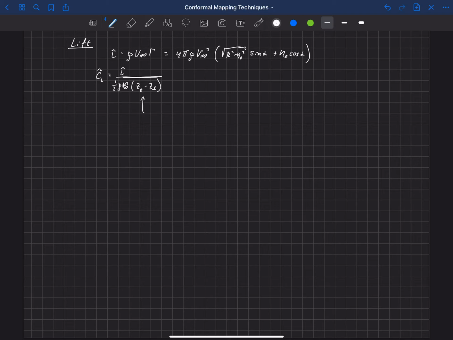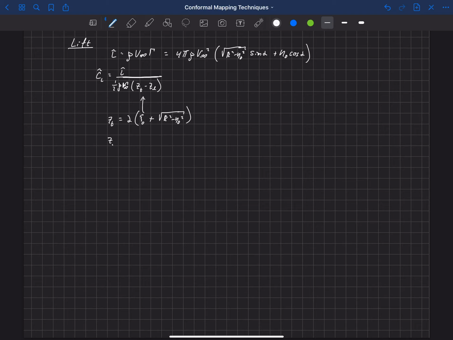Okay, zt minus zl, and zt, by the way, we found was equal to 2 times the trailing edge, which is c naught plus the square root of r squared minus eta naught squared.